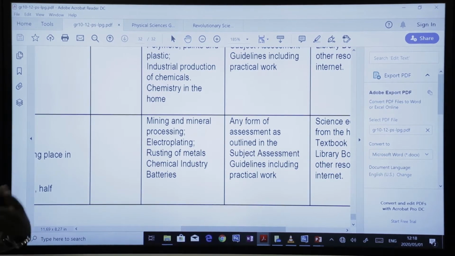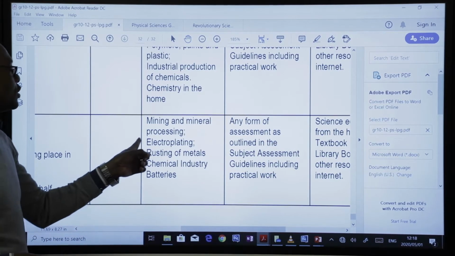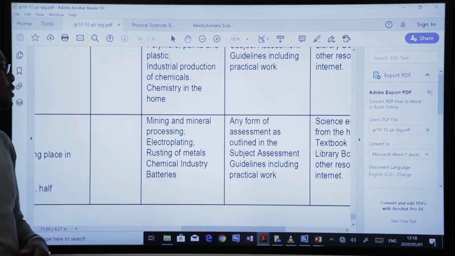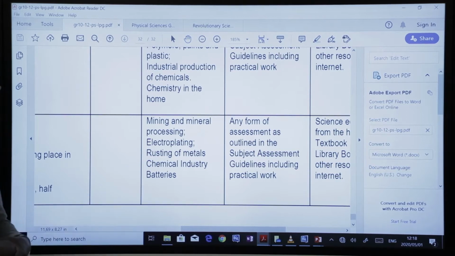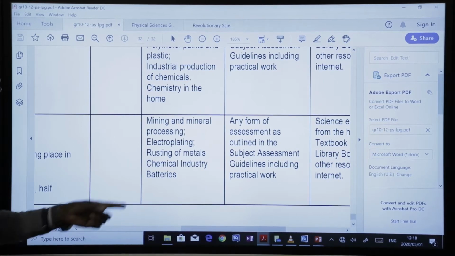When they are making those utensils, it's an industrial operation that includes electroplating and protection of metals from rusting. And we can talk of the chemical industry where we produce chemical energy, and that kind of energy sourcing comes more in the form of batteries.